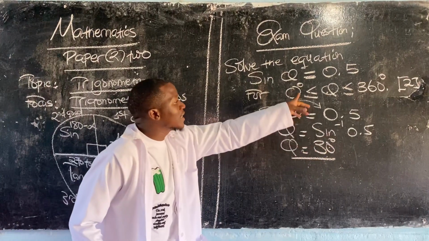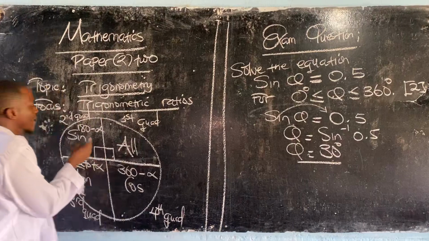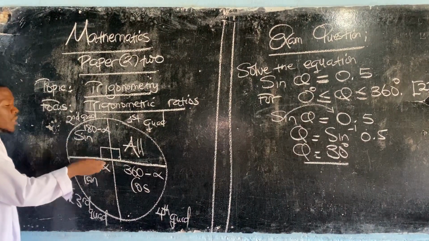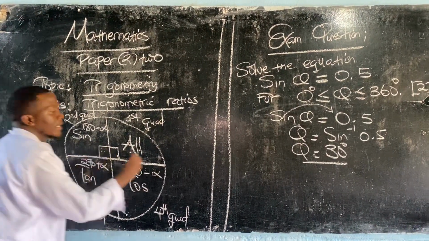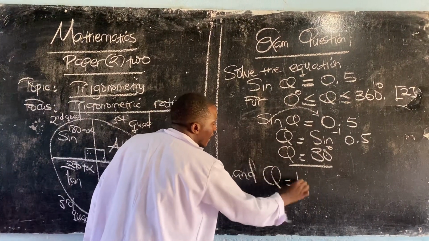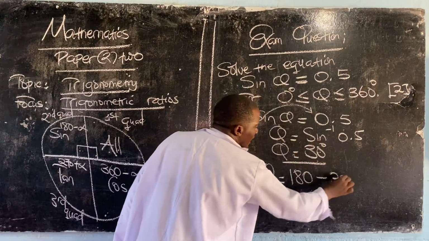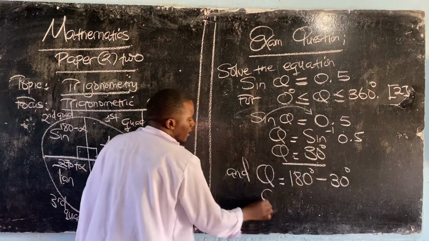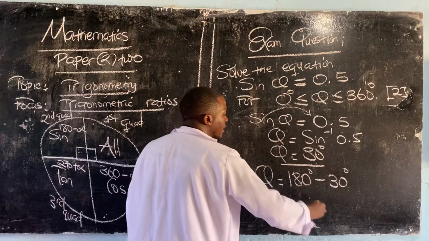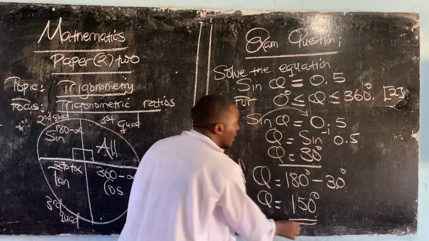We're going to check the range is up to 360 degrees, which means it covers the second quadrant, which ends at 180. So I'm going to say, another value for the theta is 180 minus the value that we had in the first place. Then theta becomes 180 minus 30, thereby becoming 150 degrees.